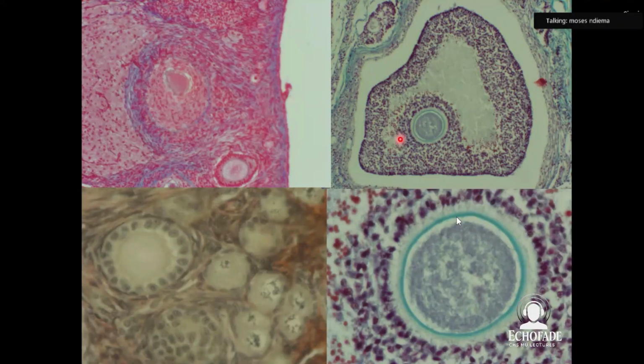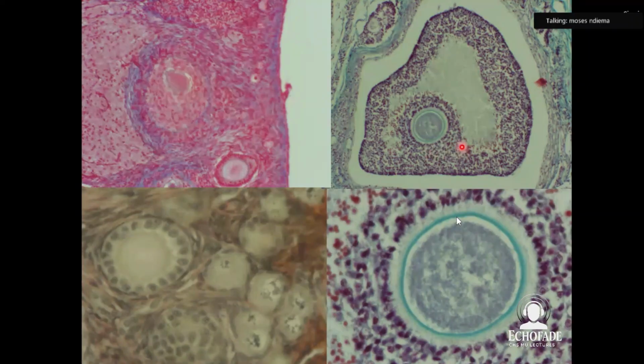Tertiary follicle. But as the fluid increases in size, as the follicle increases in size, then the oocyte comes to be surrounded by granulosa cells and attached to the outer layer of granulosa cells by a thin strand of granulosa cells.